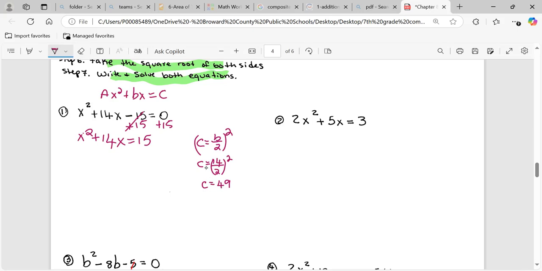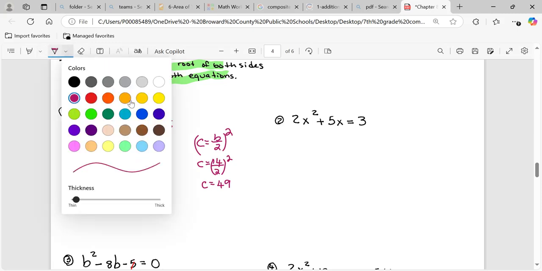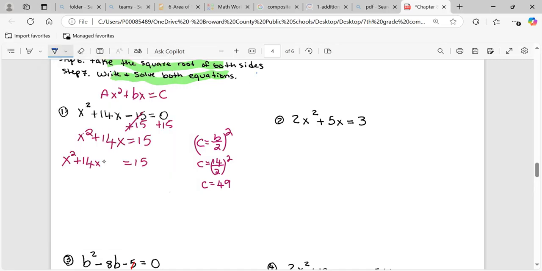I'm going to take this 49 and drop it into the equation. And so when I drop it into the equation, I am going to have to do it on the left side. So I'm adding 49 here.